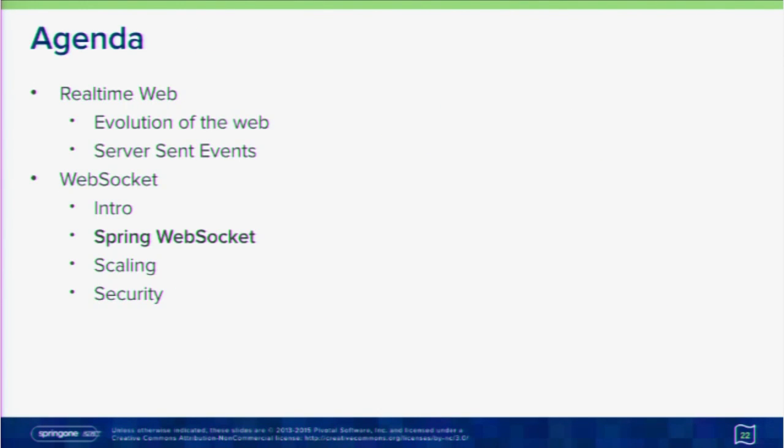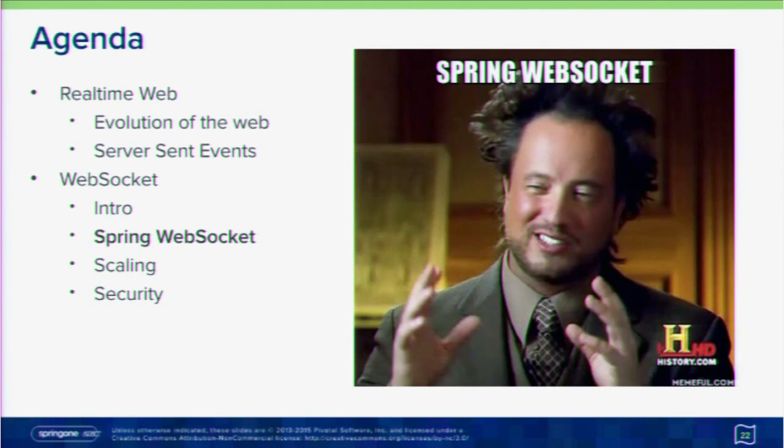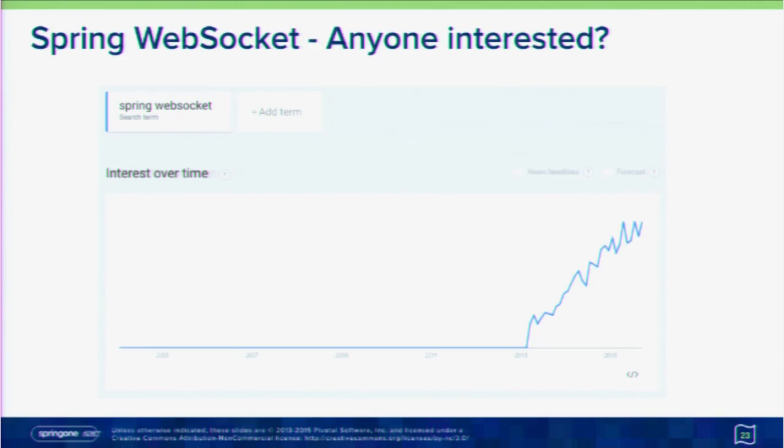All right. So let's see how to use Spring to enable this bidirectional communication. Yes, Spring WebSocket. So that's the weapon that you want to use if you want to go for Spring WebSocket. So is anyone using WebSockets and Spring together?